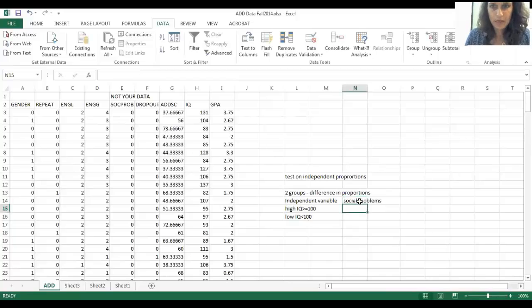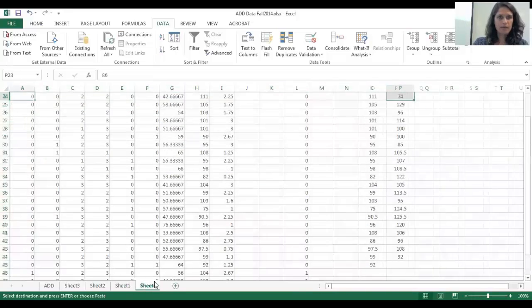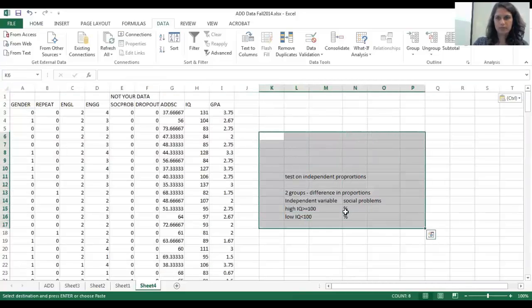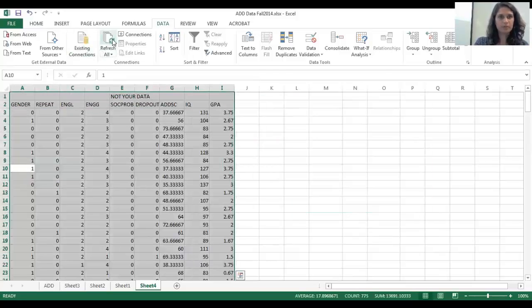And so this will just be the percent of people with social problems that have high and low IQs. Okay, so again, I'm going to take all this data and sort it by IQ, by my independent variable. Actually, I just want the numbers.